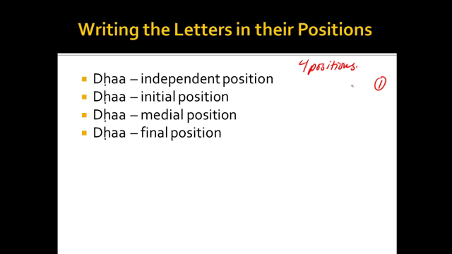And the Dha looks like the Ta, but with a dot. So we have the Dha like this, but we put a dot. In the second, the initial position, we have the Dha, and then it connects to a letter afterwards. In the medial position, we have the Dha like this, and it connects on both sides. And in the fourth one, we have the Dha at the end of the word. And it looks like that.